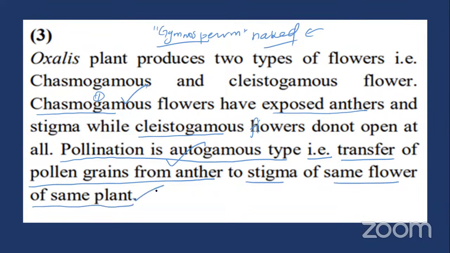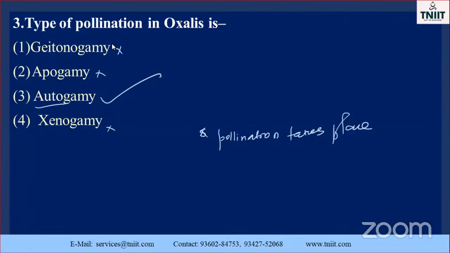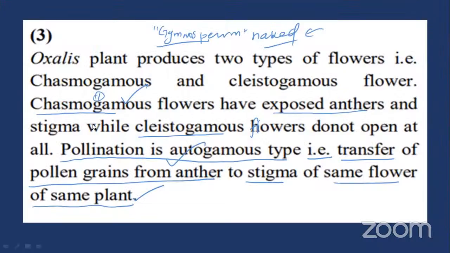That's why Oxalis has autogamous flowers. This is very, very important, you have to note it down. These 3 are very important, particularly what is geitonogamy, what is apogamy, what is autogamy, what is xenogamy. Note these down as well. Okay, go to the next one.